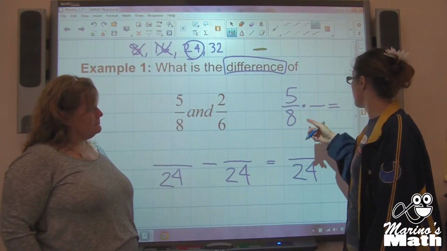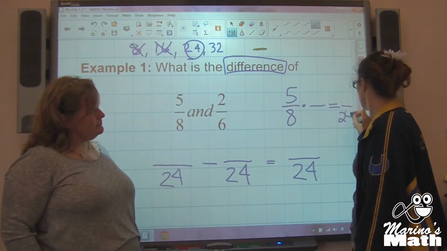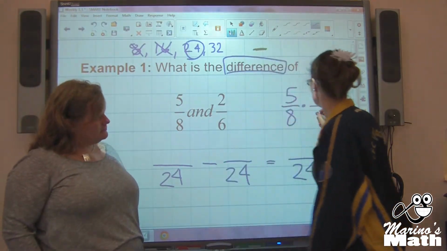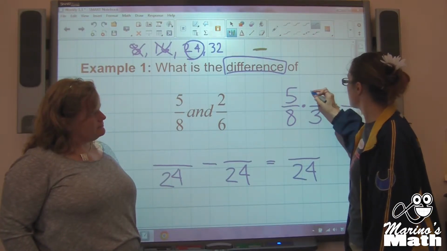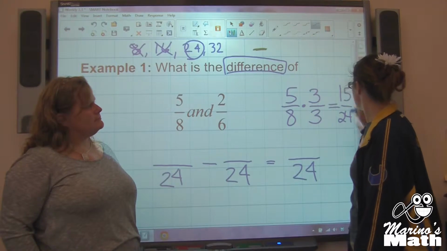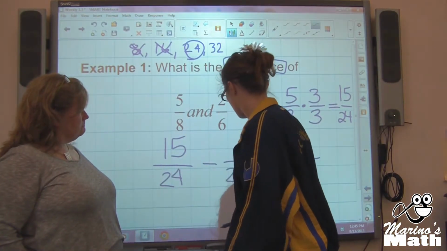So we are going to get something over 24. I know that 3 times 8 gives me 24. Again, my numerator and denominator have to be the same. 5 times 3 gives me 15, so I'm going to write 15/24.